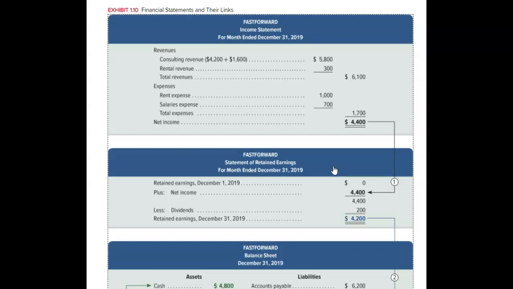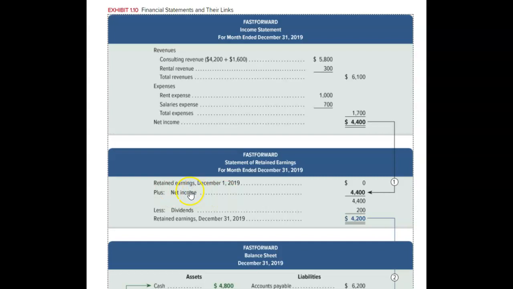But there are 2 permanent equity accounts, common stock and retained earnings. Which one should be changed for the activities of the business? Well, it's retained earnings. Retained earnings should be decreased by dividends and increased by revenue and decreased by expenses.